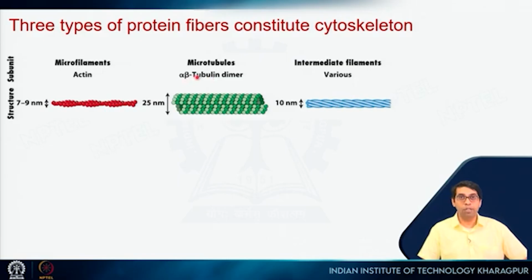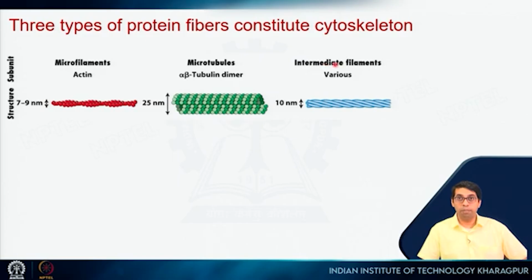So these two tubulins form a dimer, which are shown in two different colors, and they form a hollow cylinder like structure. So in case of actin filament, these proteins form two fibers which are intertwined. In case of intermediate filaments, there are multiple proteins that are present.